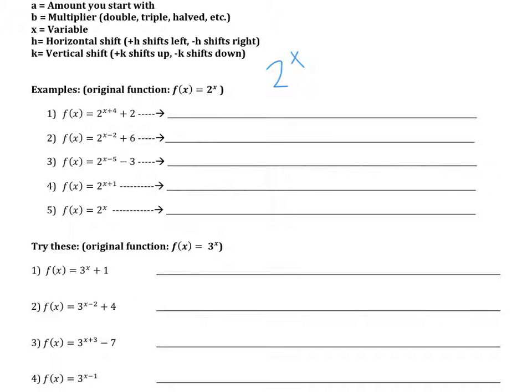So what this is going to do is shift the graph left, and since it's a 4, it'll shift it left 4. Now also, there's another shift, and this is k. K is a positive 2, so what does that do? Well, if we go up here, it says a positive k shifts it up.